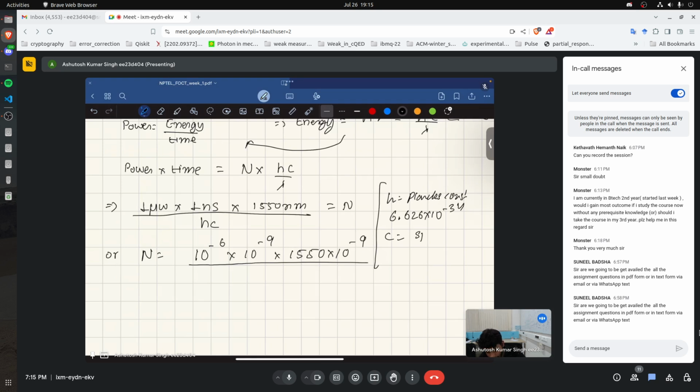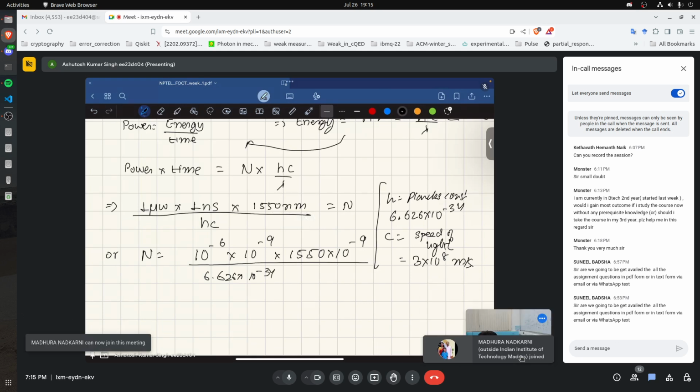And c is speed of light, which is 3 into 10 raised to the power 8 meters per second. So you put these numbers, 6.626 into 10 raised to the power minus 34, and you substitute for the speed of light.